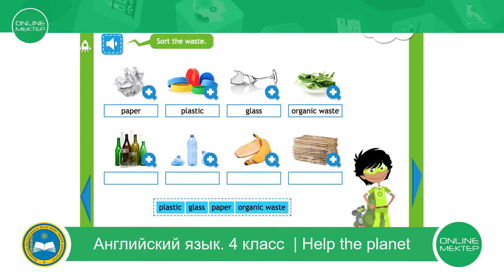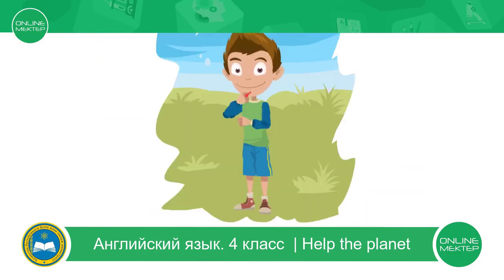What about these bottles? Glass. What about these bottles? Plastic. And the banana? Organic waste. And the last one is paper. Do you sort waste at home?